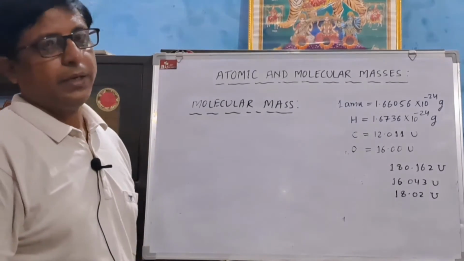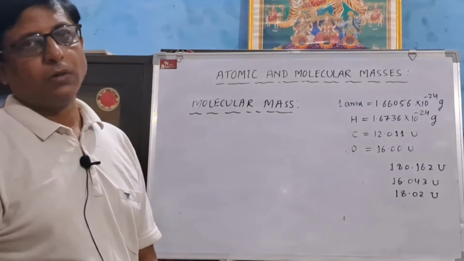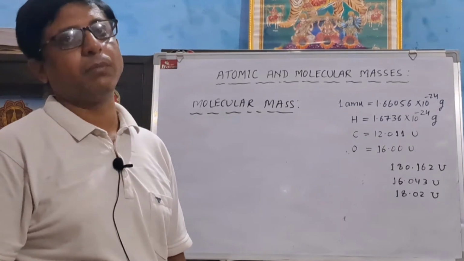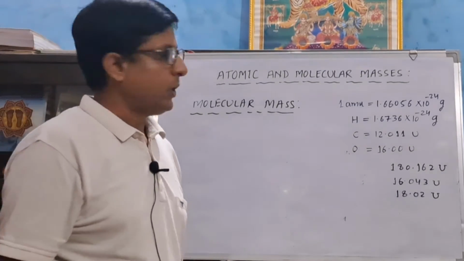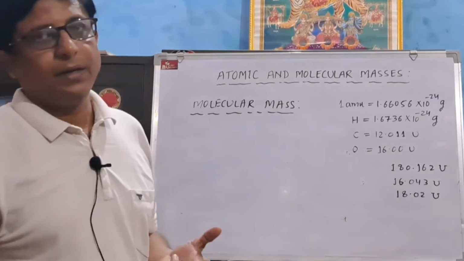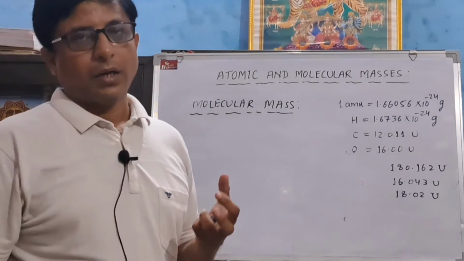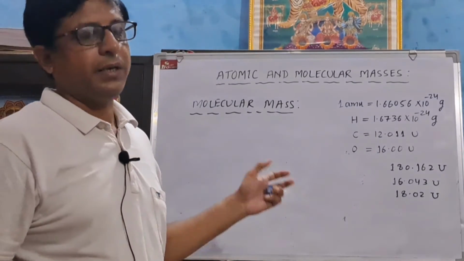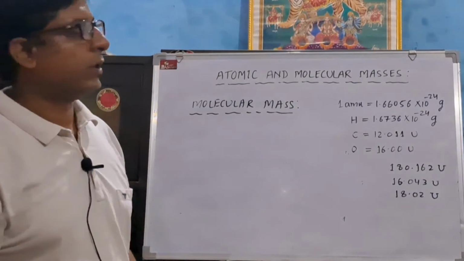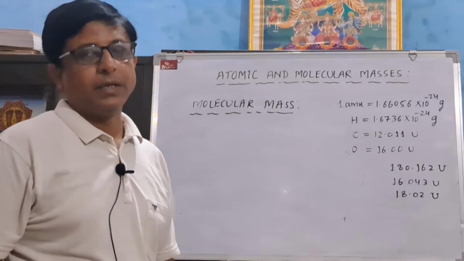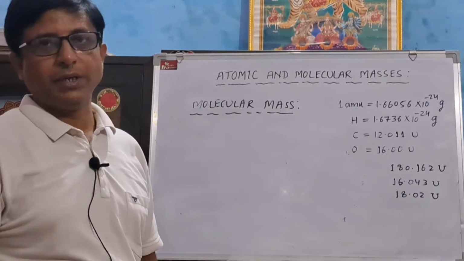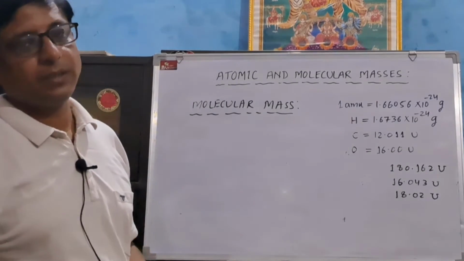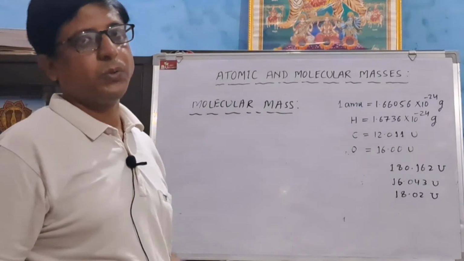Molecular mass can be defined as the sum of atomic masses of the different elements present in a molecule. It is obtained by multiplying the atomic mass of each element by the number of atoms of that element and adding them together.